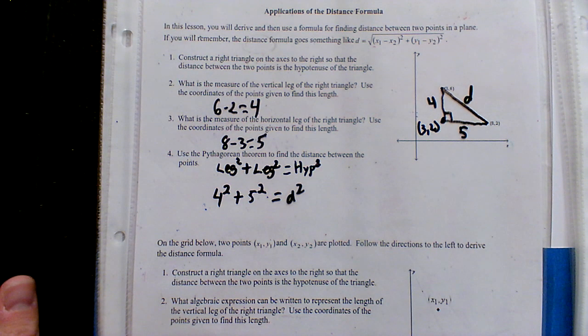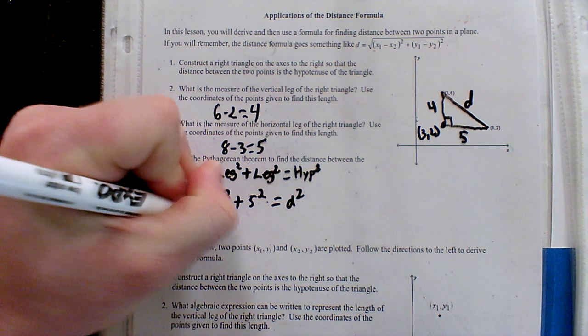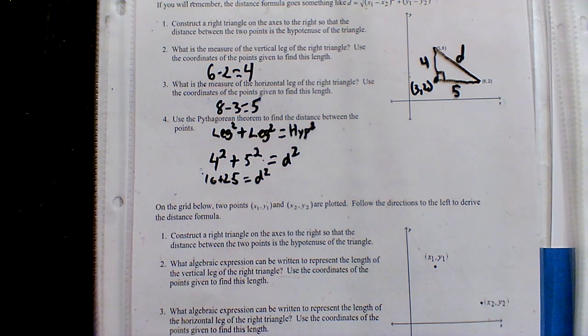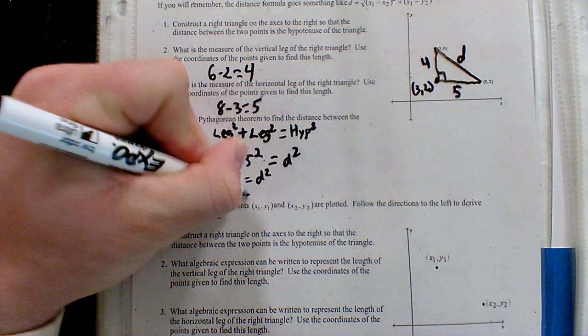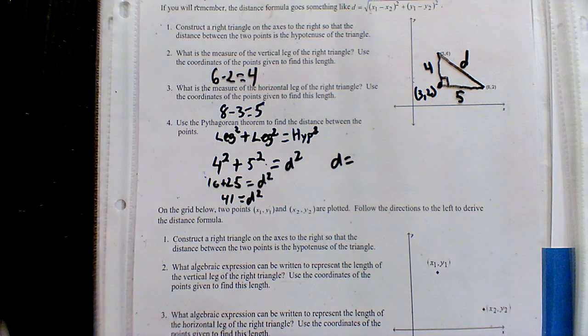We're using a triangle to help us. So now if I square these, I get 16 plus 25 equals d squared. 16 plus 25, I get 41 equals d squared. Then how do I get d by itself?